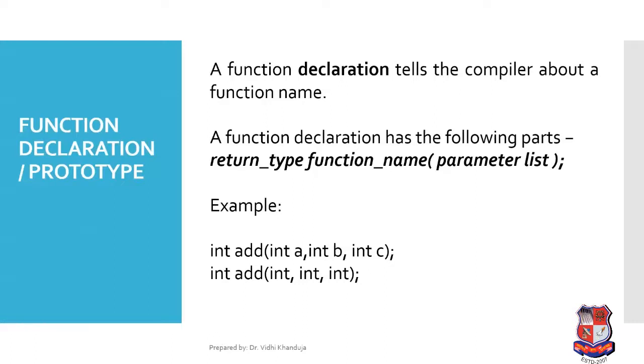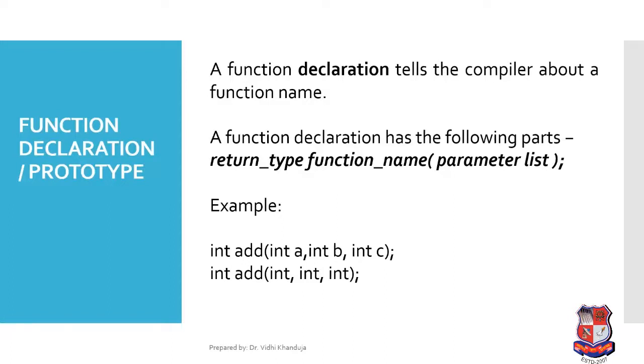I may also write it as int comma int comma int. That means the compiler is only interested in the number of variables and the data types of variables in the parameter list. So the name is optional. You may omit these variable names, or you may include them.